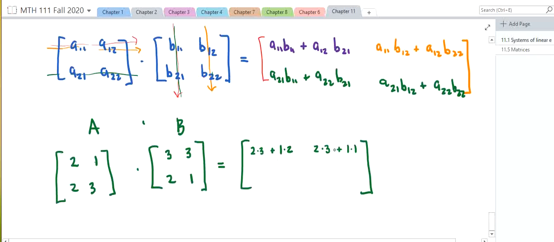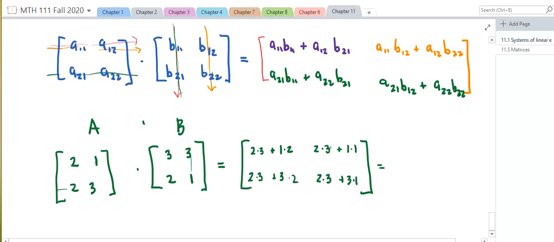That's our first and our second element. Now we do the second row. Start off with 2 times 3, and then 3 times 2. It's easy to get mixed up here. Then this and this column. Finally, 2 times 3 and 3 times 1.